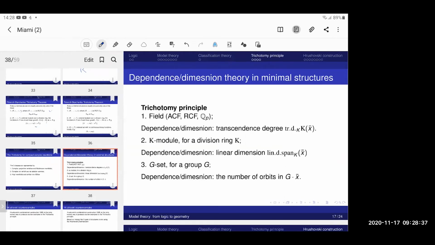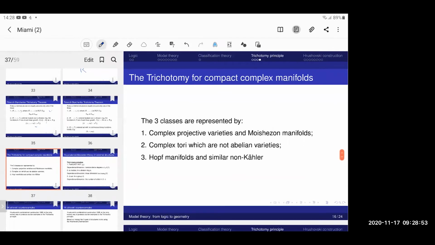Okay, so once again, coming back to this trichotomy principle, now quick question. In the first case, you said Moishezon manifolds. Do you allow just singular Moishezon spaces, or does it not matter in your theory? Well, no, manifolds probably is important here.